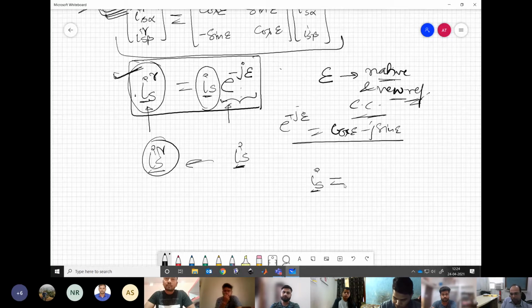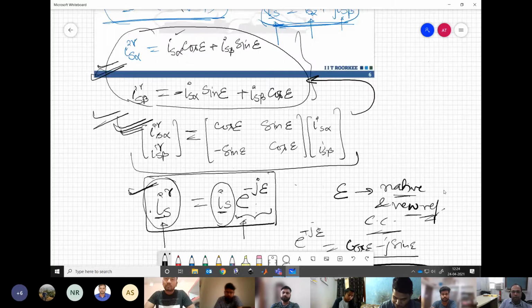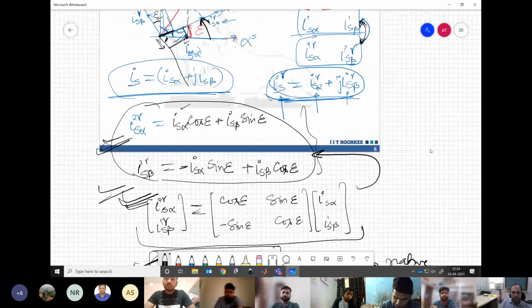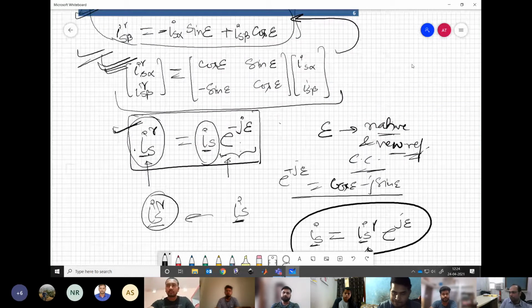So then this can be written as ISR e raised to the power j epsilon. Meaning is same. Now you know the vector in the other reference frame, in the alpha r beta r reference frame, and now this angle will be opposite. It will come in the clockwise direction. So that will come as minus epsilon. So that's why it becomes e raised to the power j epsilon over here.